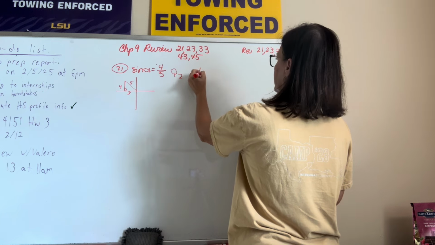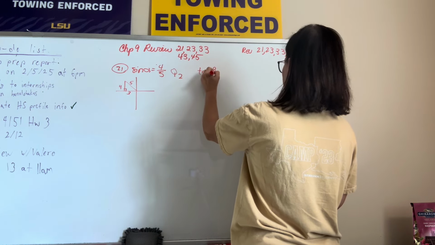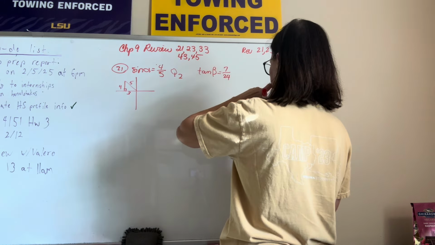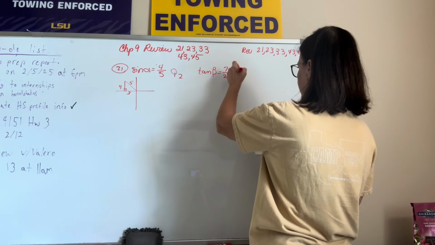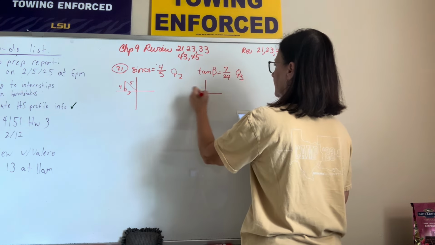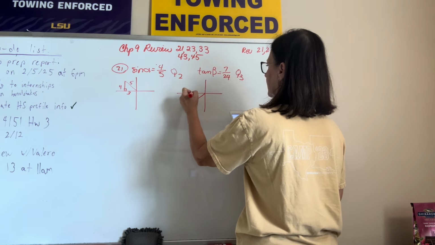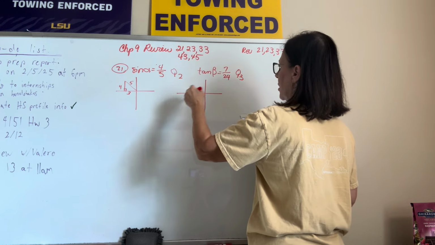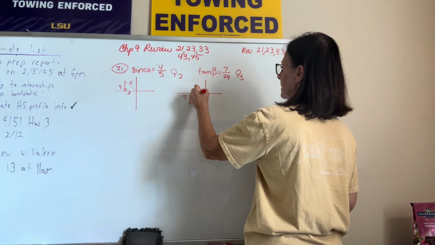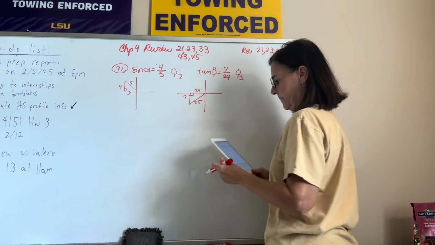And it says the tan of beta is 7/24. So that's a Pythagorean triplet too. And it tells me it's in quadrant 3. So it's opposite over adjacent, and that's 25.